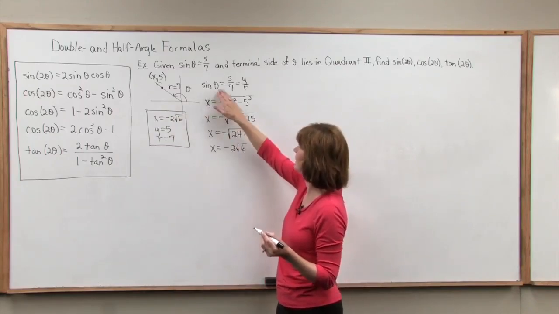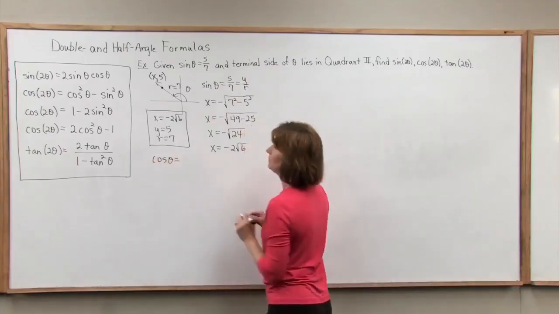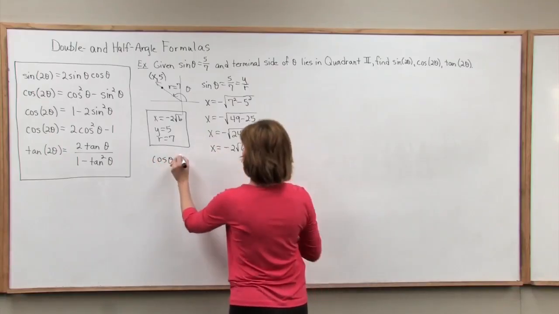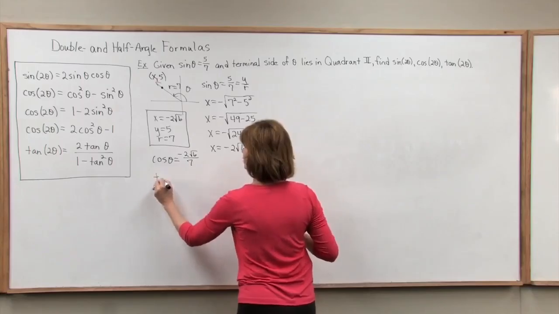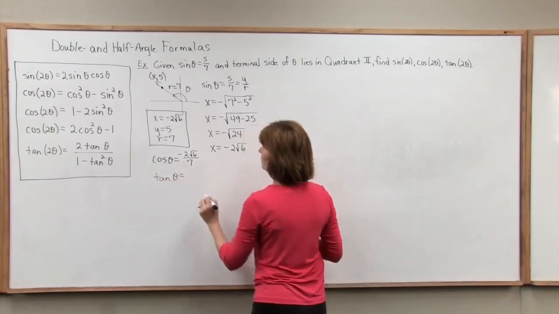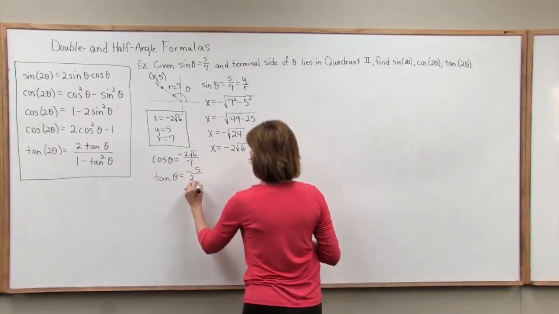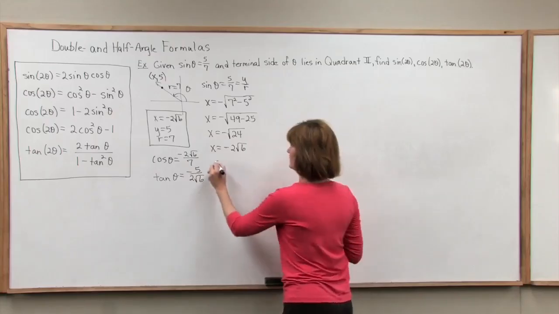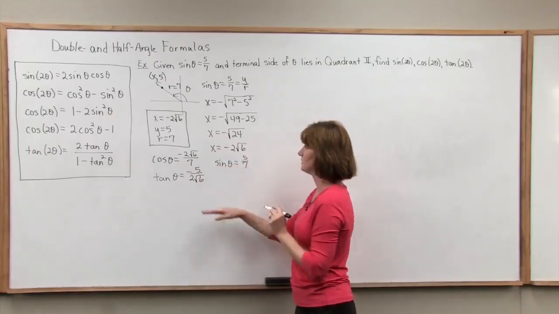And we know the sine of theta is 5 over 7. We know the cosine of theta would be what? It's going to be x over r, negative 2 square roots of 6 over 7. Tangent of theta would be y over x, or negative 5 over 2 square roots of 6.